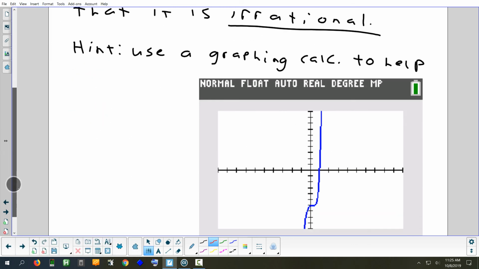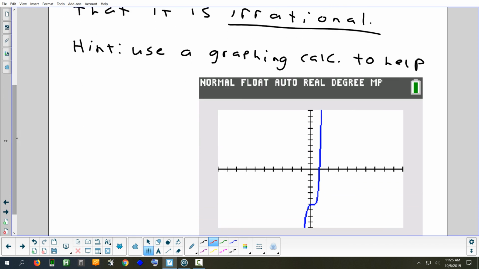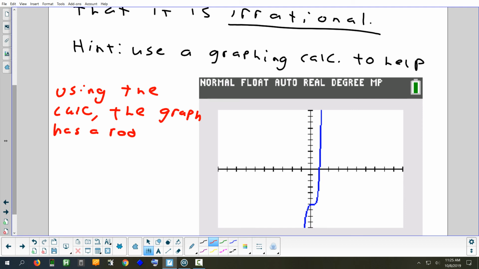So I'll show you how we would write the answer. So, using the calculator, the graph has a root at 0.95.